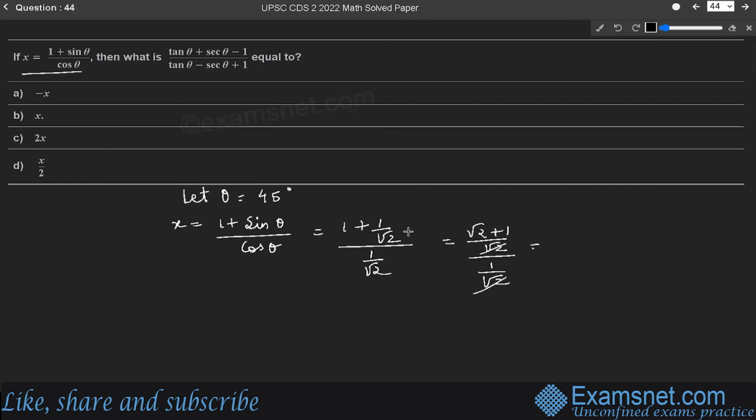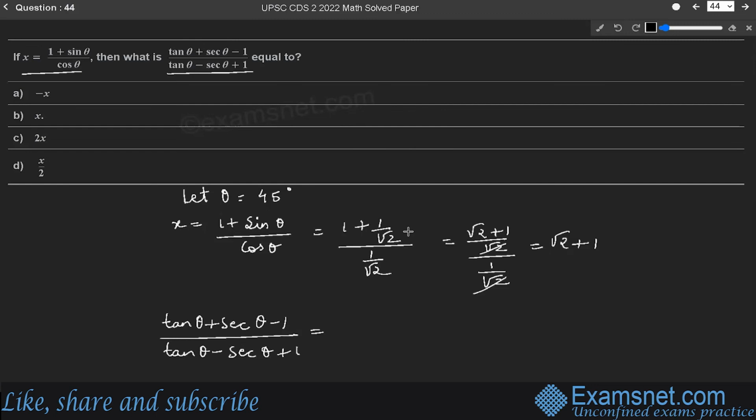So root 2 and root 2 will cancel. So the value of x is root 2 plus 1. Now let us see this expression. The expression is tan theta plus sec theta minus 1 upon tan theta minus sec theta plus 1. Here also you have to keep theta equal to 45.